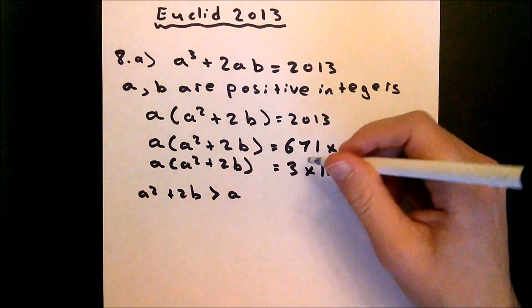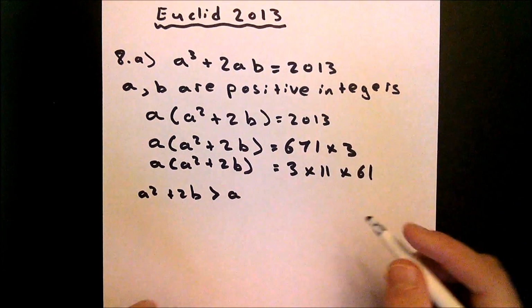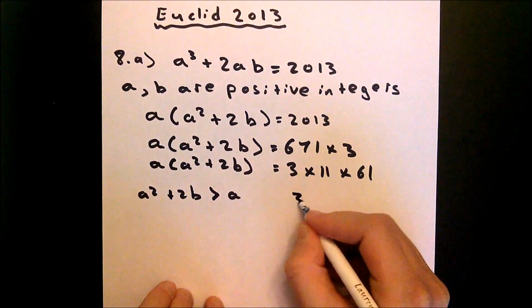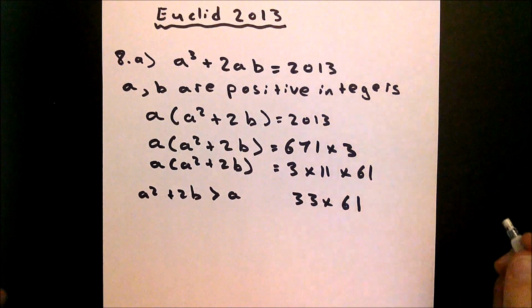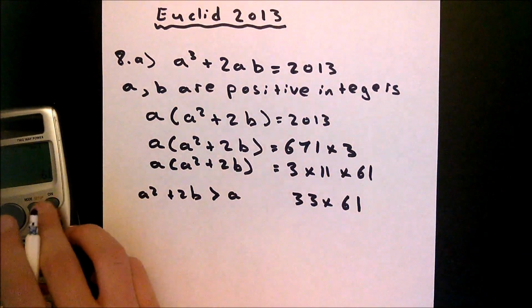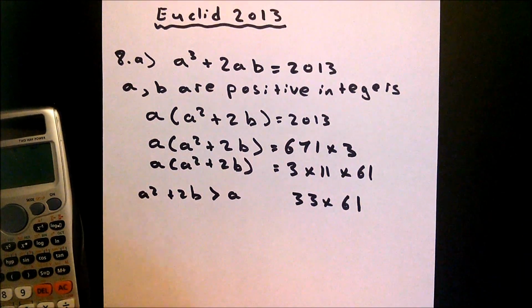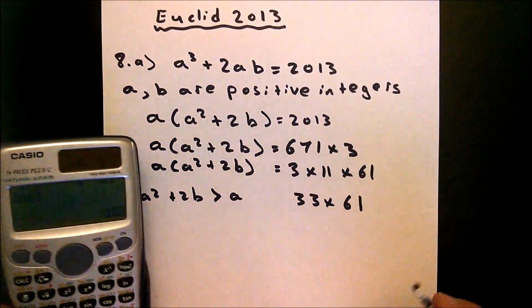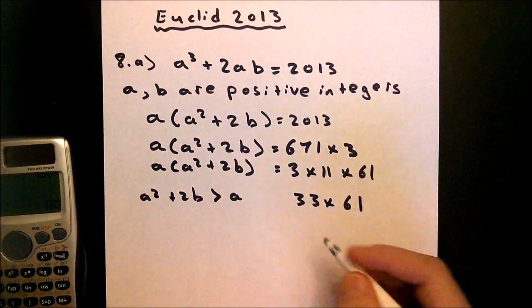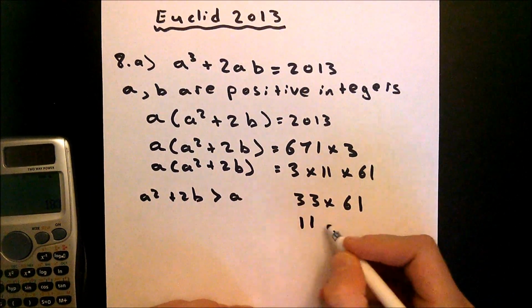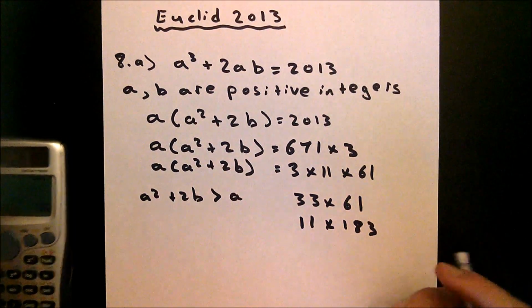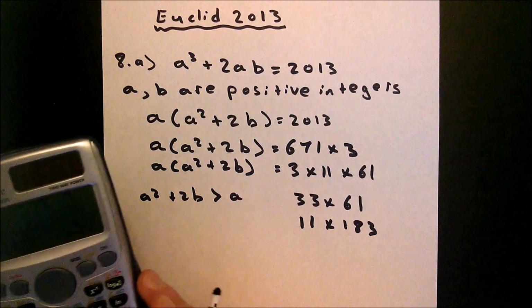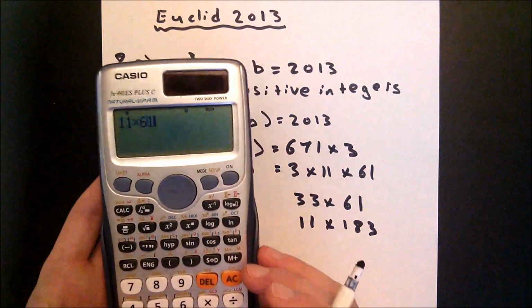So if we do 3 times 11 first, we can have 33 times 61. If we do 3 times 61, we get 183, so we can have 11 times 183. What if we do 11 times 61?